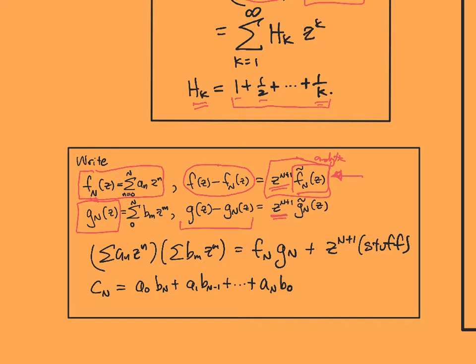And now if this is f and if this is g and I multiply them, well, I'll get f_N g_N. And then when you distribute these terms, so I would really have f_N plus z^{N+1} f_N tilde times g_N plus z^{N+1} g_N tilde. When you distribute this product, well, the next thing that happens is you'll get z^{N+1} times analytic stuff.